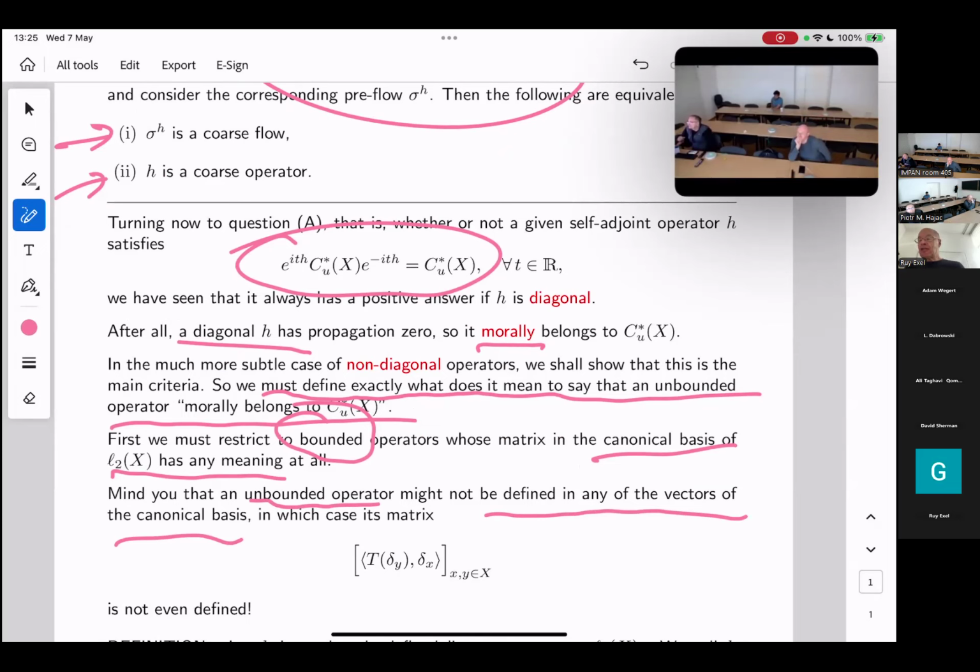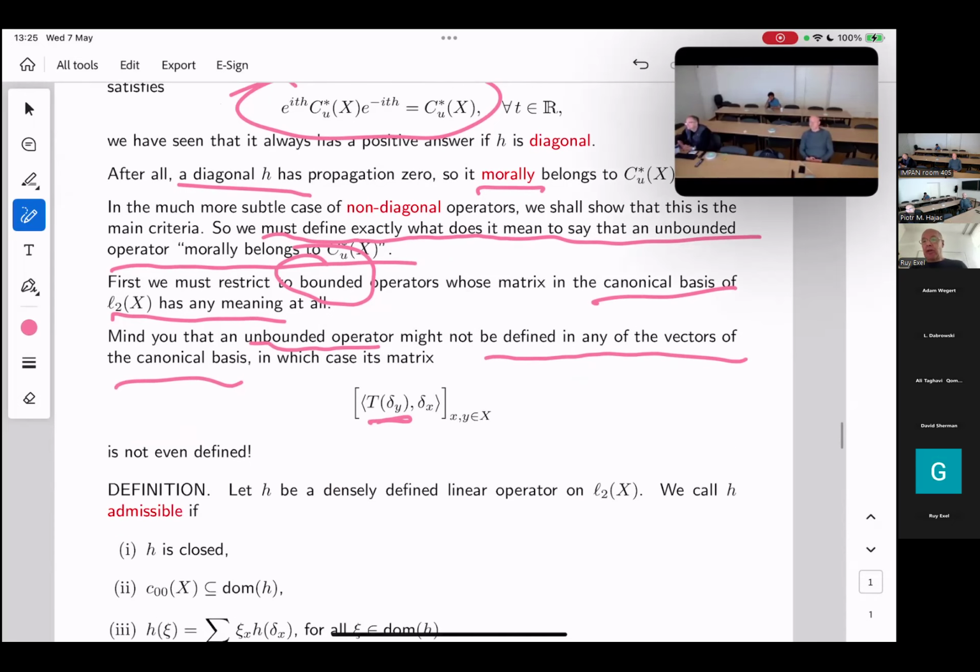So if the dense domain of the operator does not have any vector of the canonical basis, then the matrix of the operator cannot even be defined, right? This is bad because our analysis of operators in the row algebra is strongly related to its matrix representation. So we must restrict to the unbounded operators for which the matrix has any meaning at all.